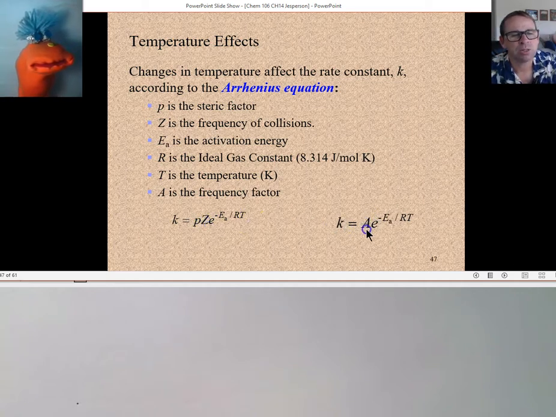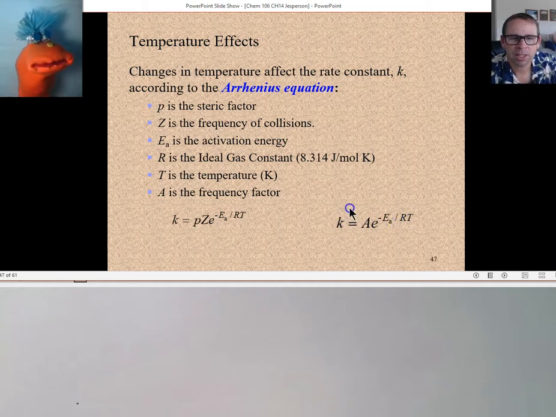We can combine those into one constant, A, but here we have Euler's number, e, raised to the activation energy divided by RT, where R is a gas constant that helps all of our units work out. And this is in joules per mole Kelvin.